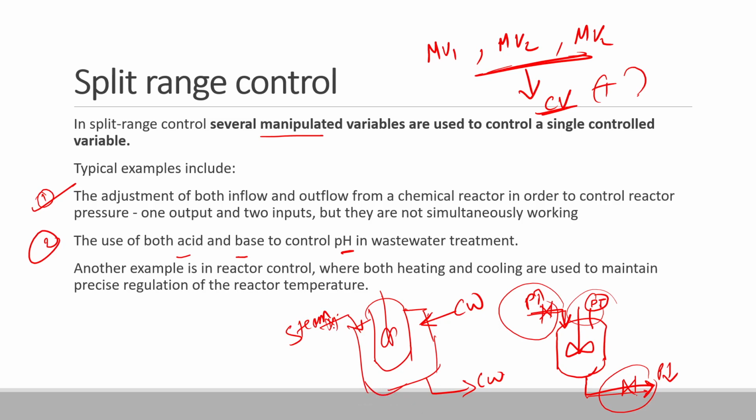So this is the heating medium, steam, and then let's say we can have a drain valve over here in order to remove the condensate. So yes, we can use this cooling water as well as steam in order to control the temperature of the reactor. So this is another example of split range control.